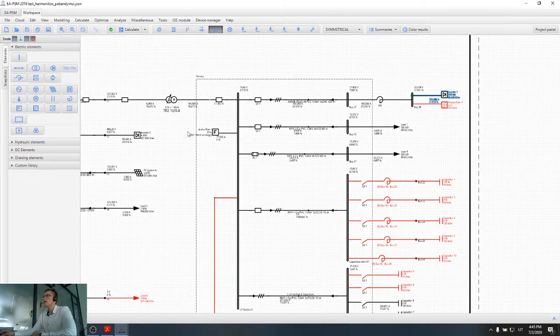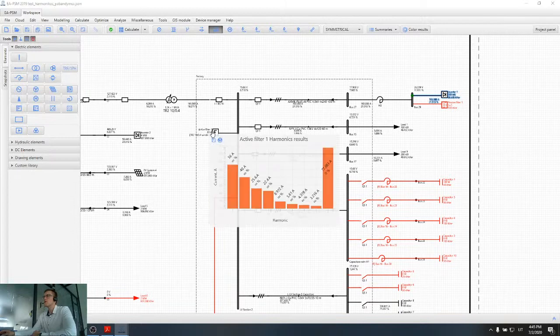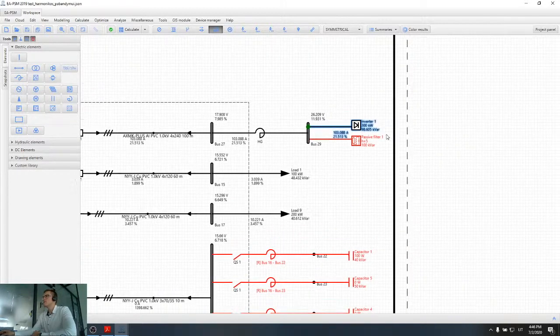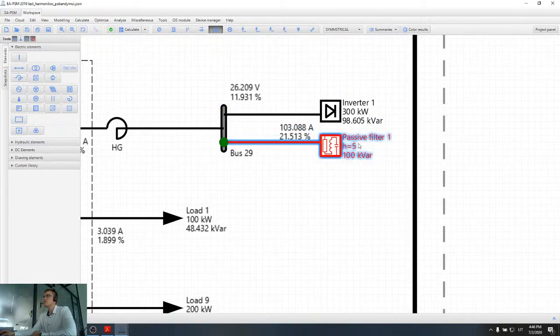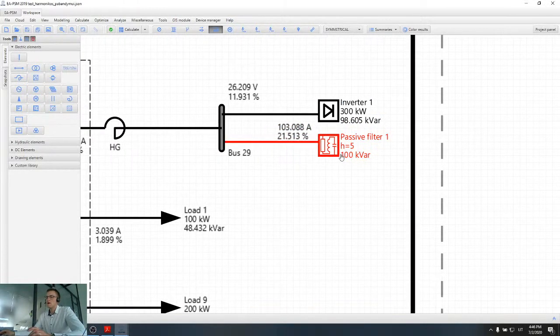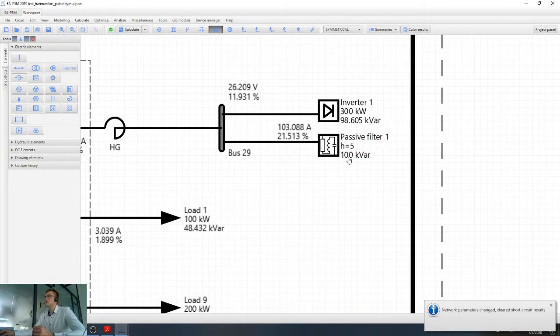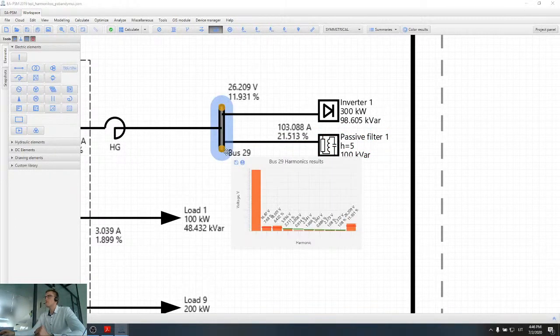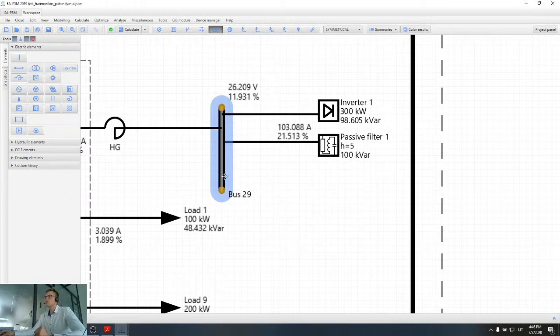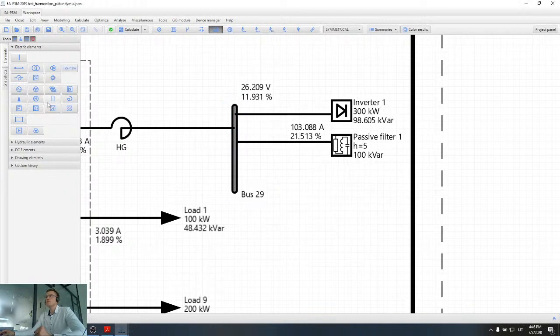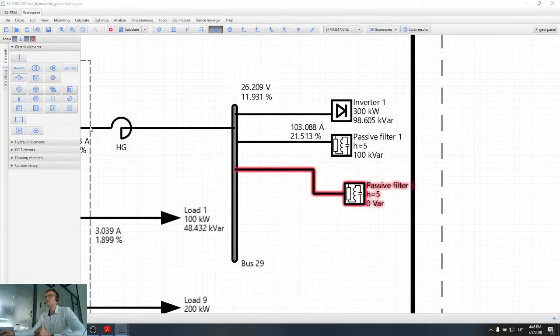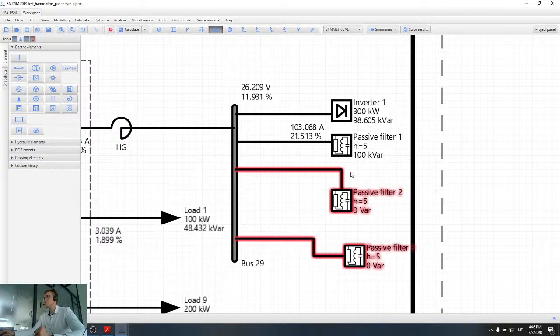If you need 100 kilowatt of reactive power, your passive filter should also be capable of generating that 100 kilowatt. It's not necessary to connect 100 kilowatt as a single filter. You can also create it as a capacitor bank, adding more filters and distributing all that power through these filters.